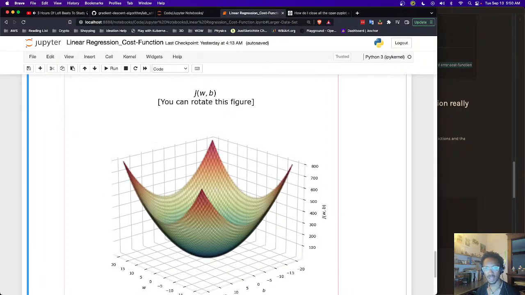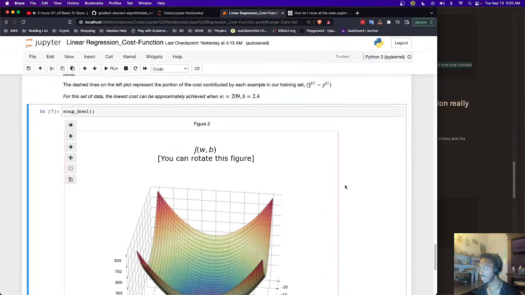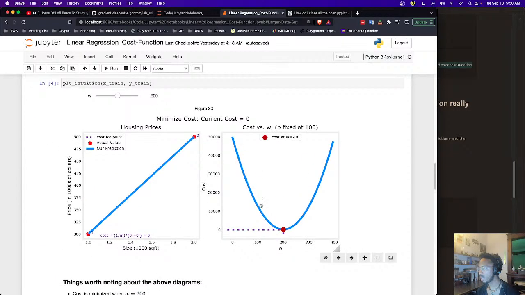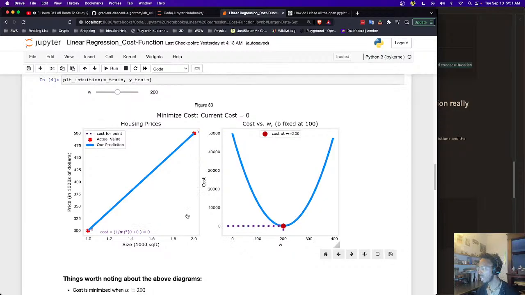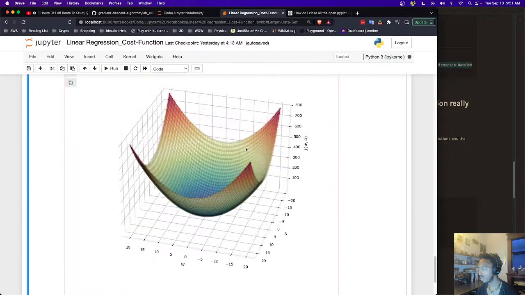Okay, so the fact that the cost function squares the loss ensures that the error surface is convex like a soup bowl. And that's similar to this parabola. Think about this parabola just being in 3 dimensions, but it includes a z-axis, which is for the bias. That's what this is here.